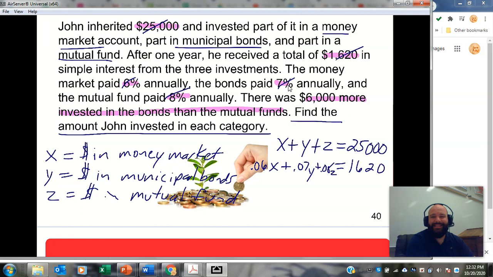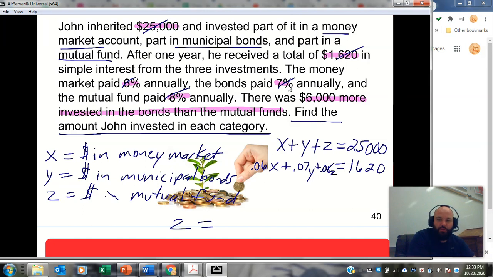You can see there's still something highlighted we haven't used though. It says there was 6,000 more invested in the bonds than the mutual fund. So the bonds were higher than the mutual fund, right? So the mutual fund is Z. The bonds are 6,000 more than the mutual fund.